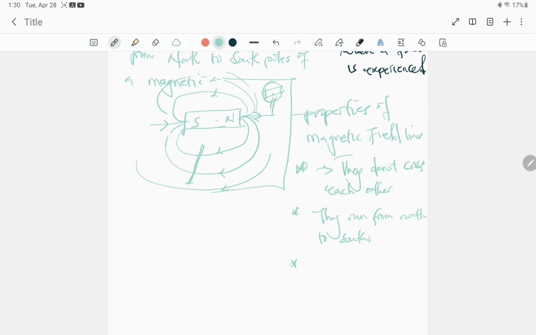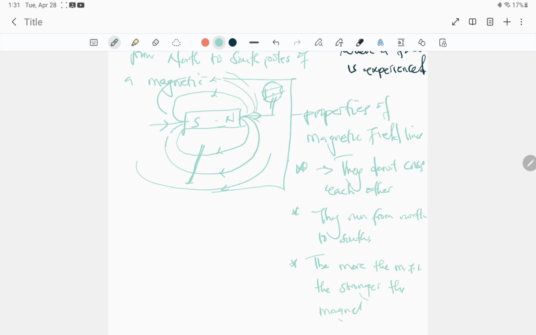Then the other one says the more the magnetic field lines, the stronger the magnet.